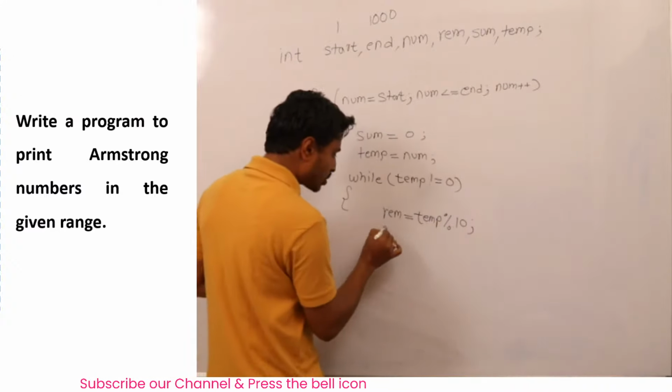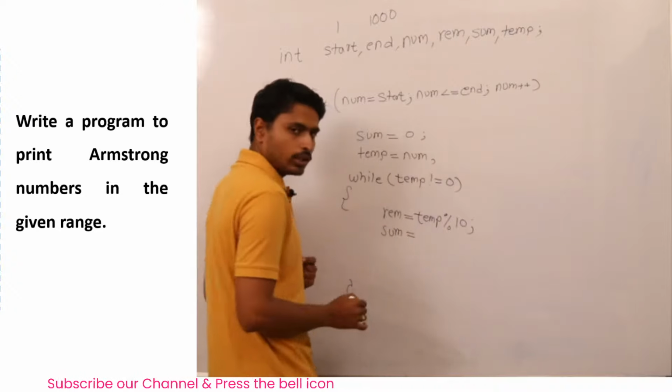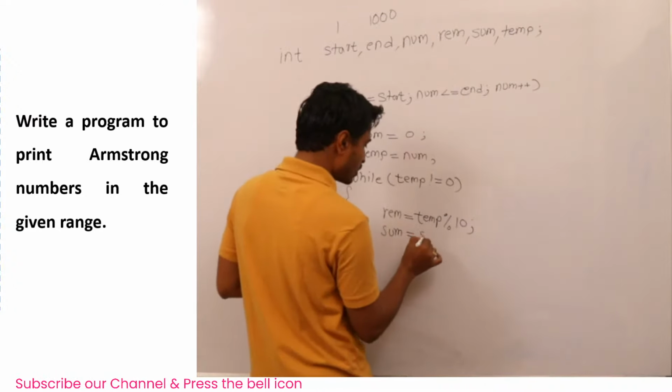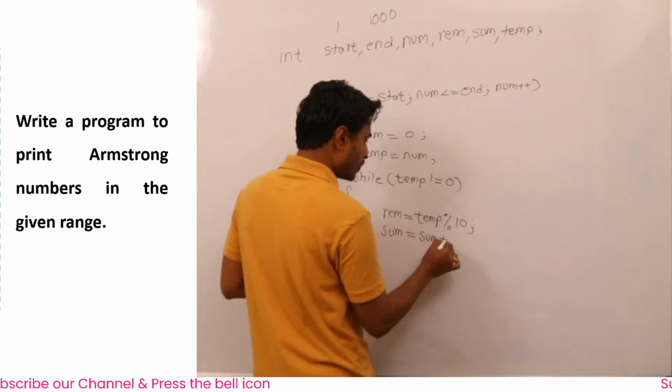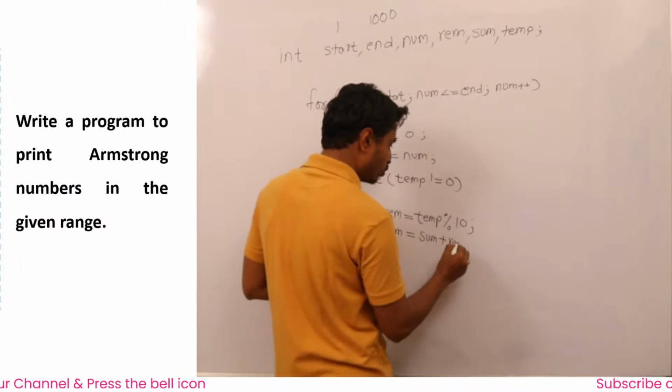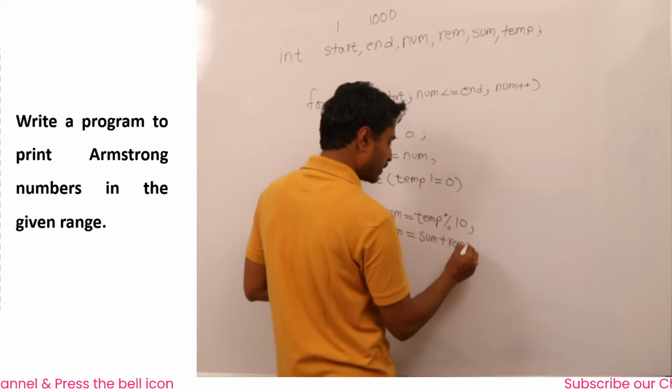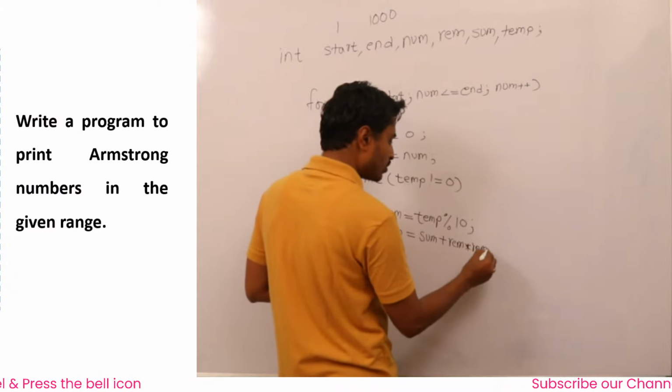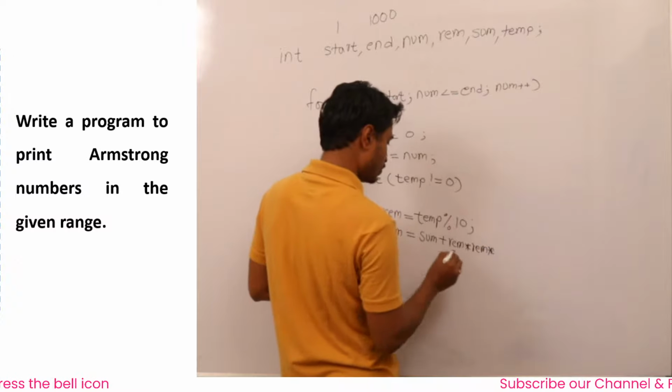After that, we'll use sum is equal to sum plus the cube of the remainder.